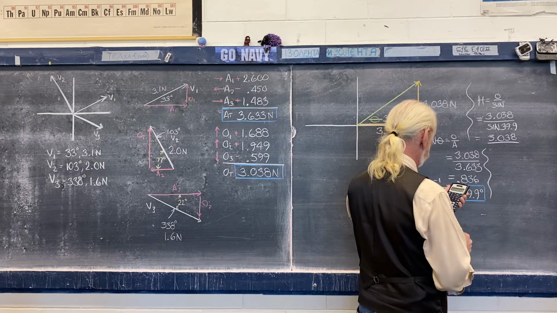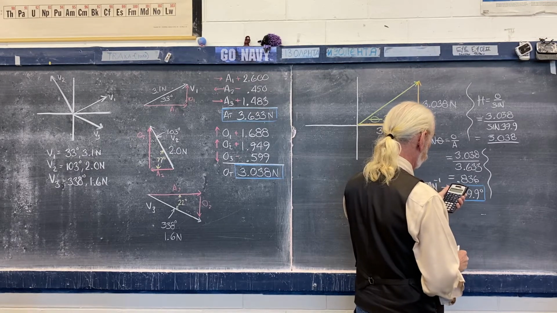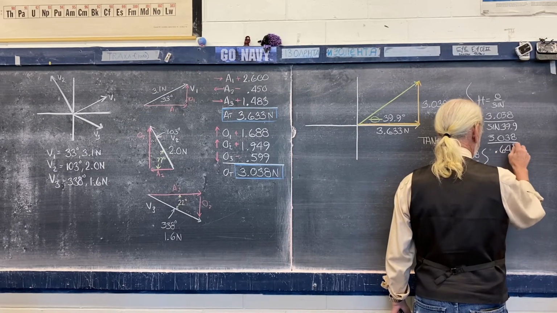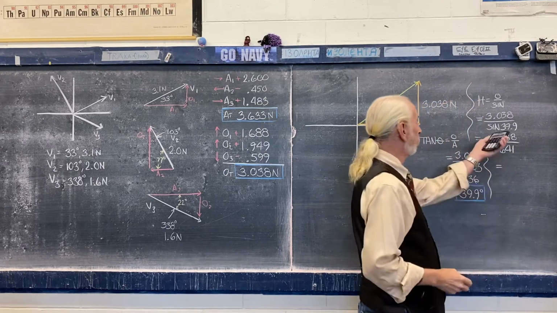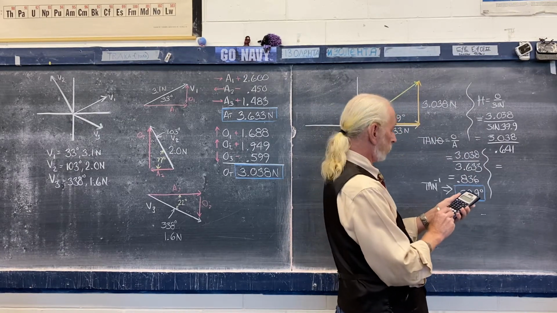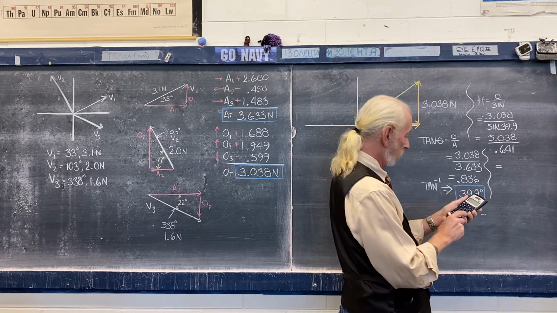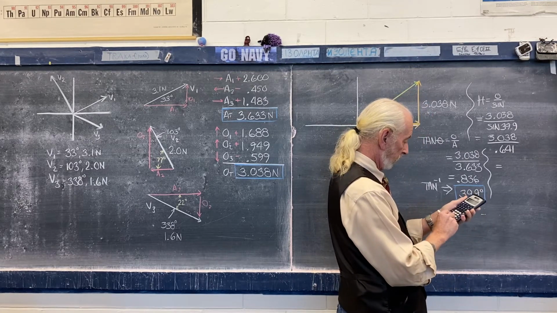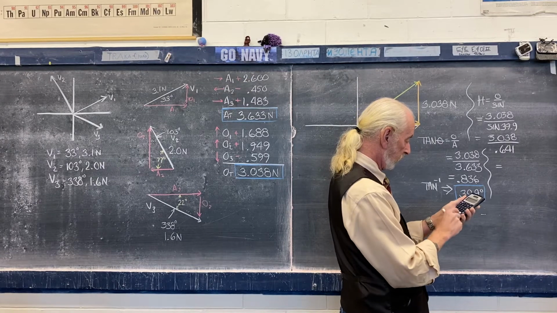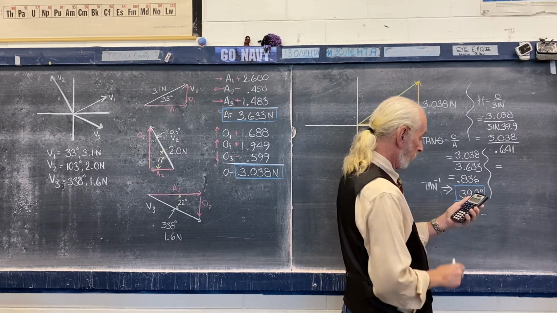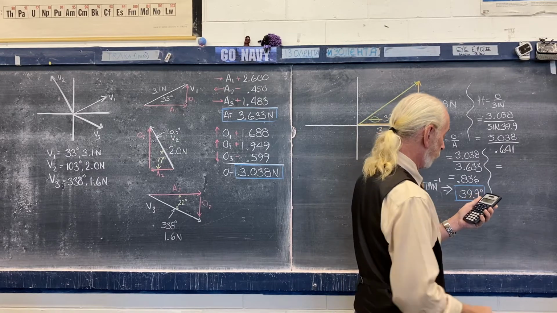That's better. Sine 39.9 is 0.641. So divide these. 3.038 divided by 0.641, 4.739.